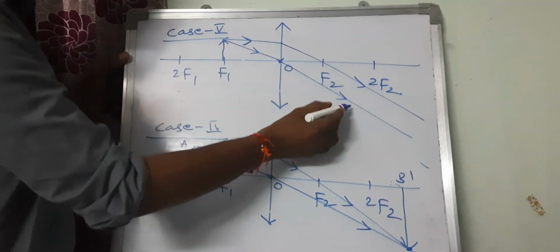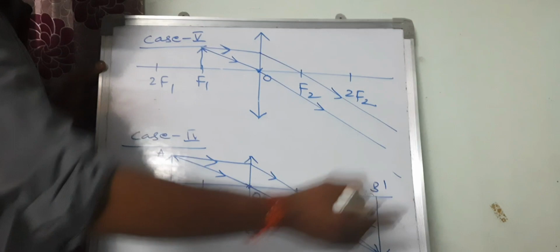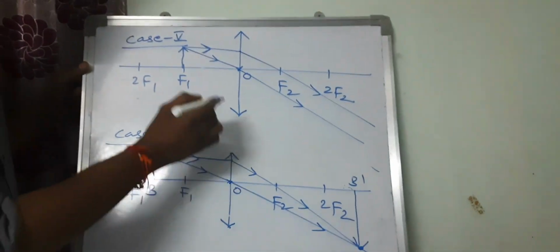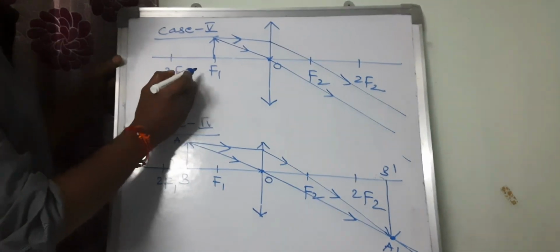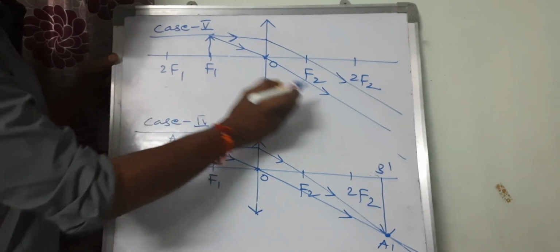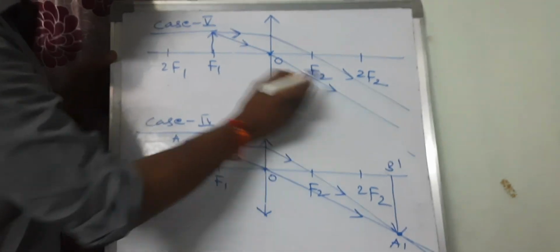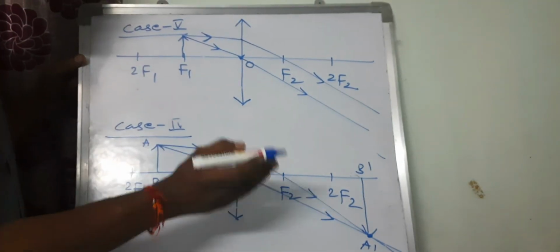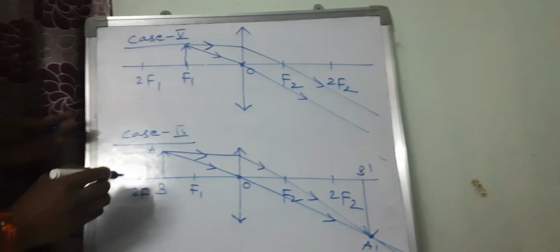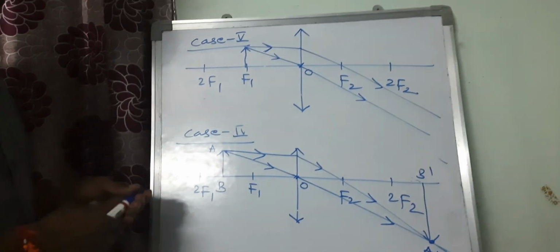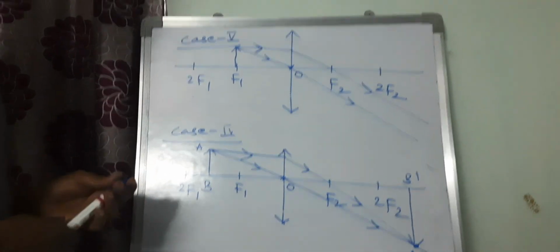These two rays are parallel. They are going to meet far away, that is at infinite distance. So when the object is placed at f1, the image forms at infinite distance. The nature is real, inverted and highly magnified. Just now we have seen in the experiment. These are all the real situations of the convex lens.